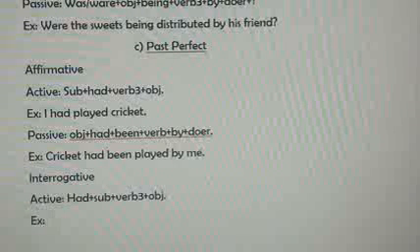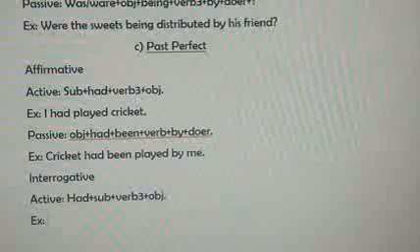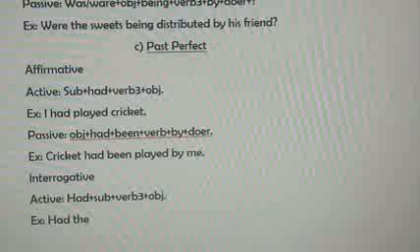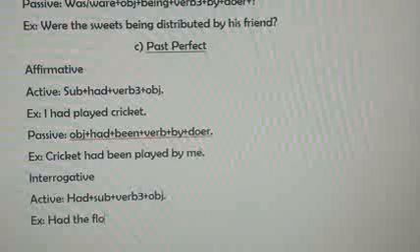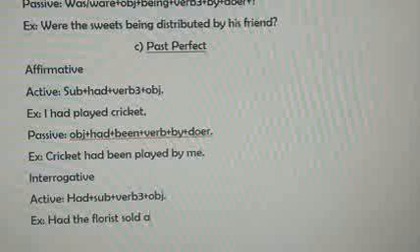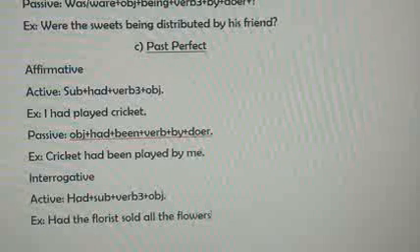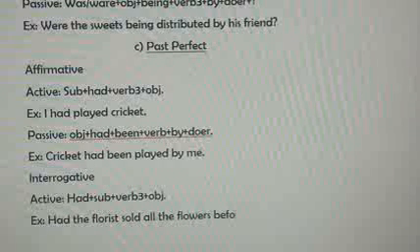Now, the suitable example for this: Had the florist sold all the flowers before sunset?